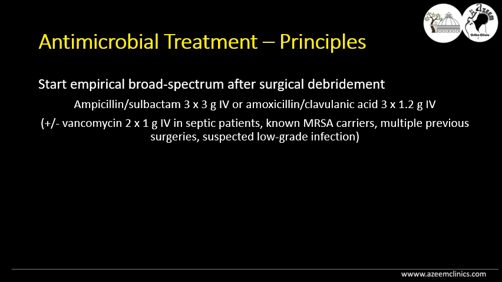The recommended antibiotics to be used empirically are ampicillin-sulbactam, 3 grams IV, 3 times per day, or amoxicillin-clavulanic acid, 1.2 grams 3 times per day. Reserve vancomycin 1 gram twice daily for very ill patients, like septic patients, or patients known to be MRSA carriers.